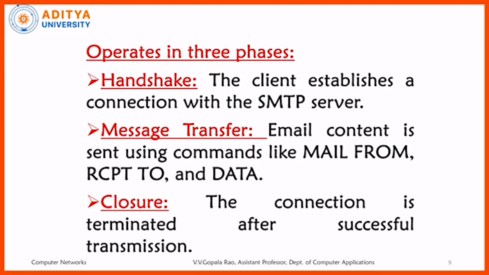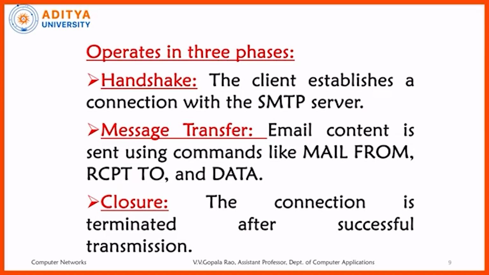Then message transfer. Once the connection is established, the actual transmission of mail is taken up by SMTP, following the mail from address and recipient addresses. The mail from is nothing but the source address, and RCPT means recipient, which is the to address, to whom it is addressed.